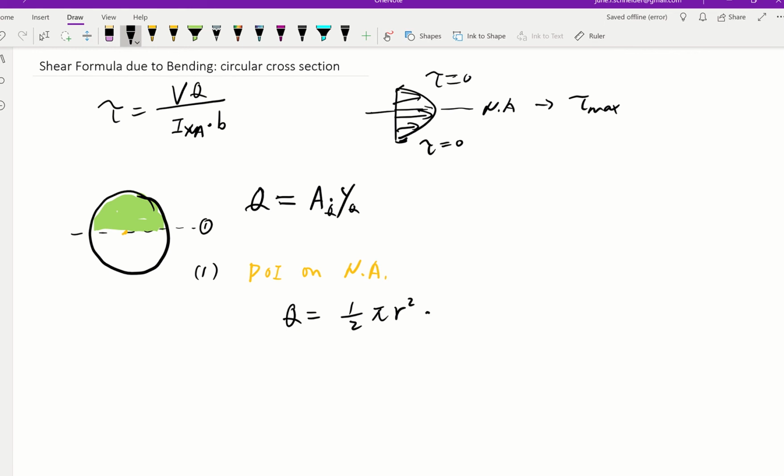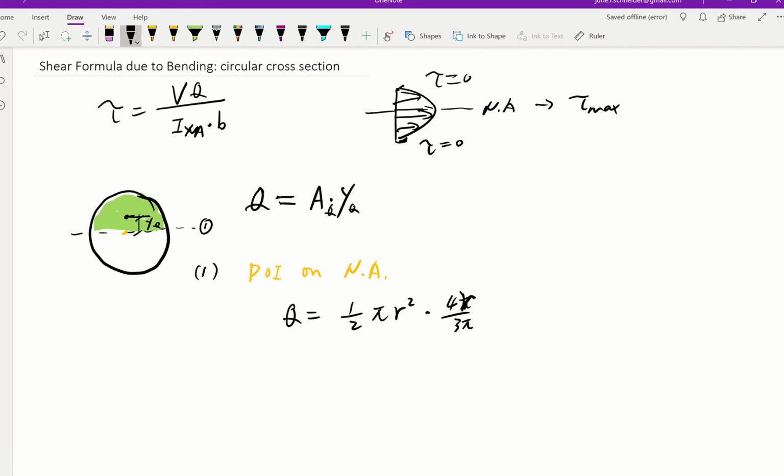And then this y is going to be the semicircle centroid. We know it's right here, to this neutral axis. That's going to be my y, or y subscript Q. And I believe you already know that's going to be 4r over 3 pi, because that's where the semicircle centroid is located. So 4r over 3 pi is our y.